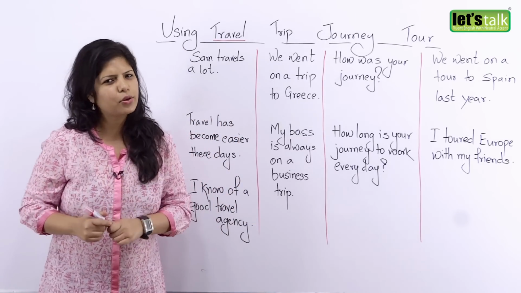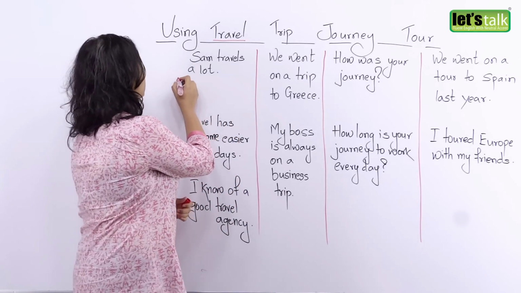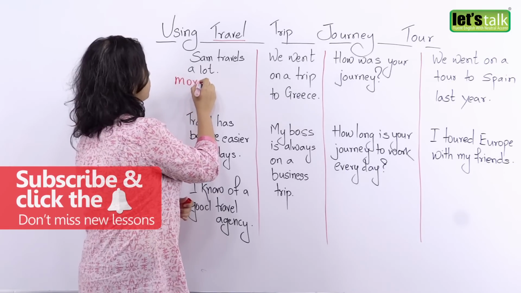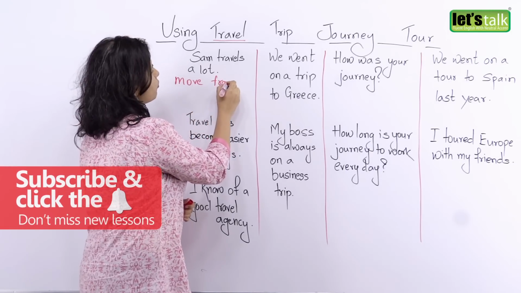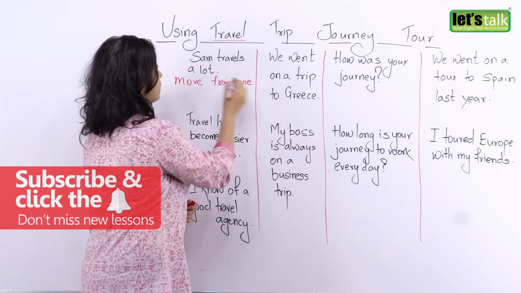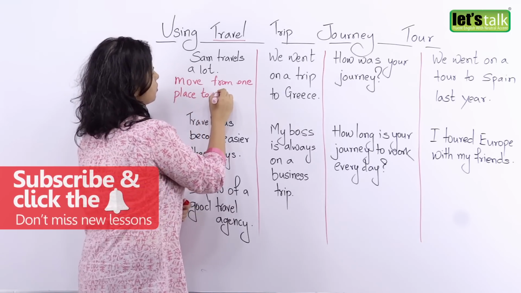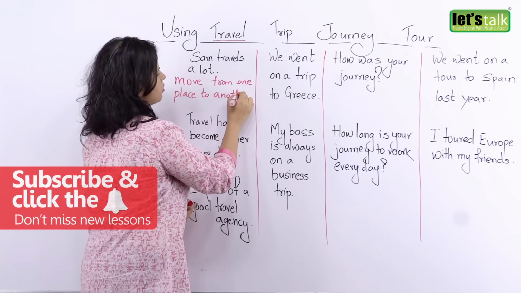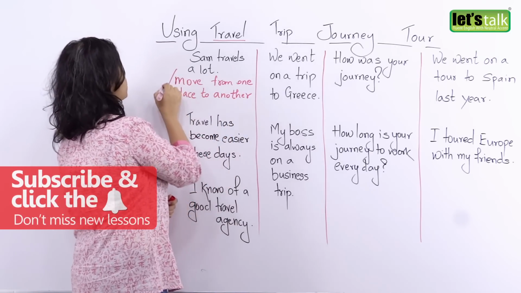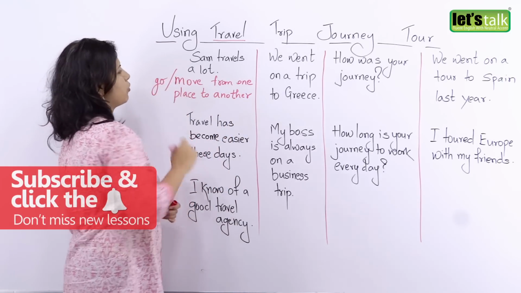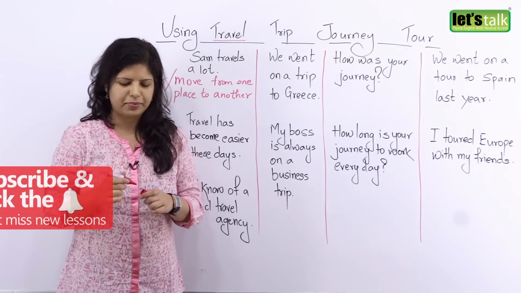Okay? So let's note that down first. So to move from one place to another. You could say move or you could say to go from one place to another.